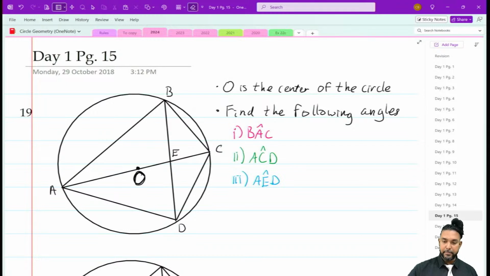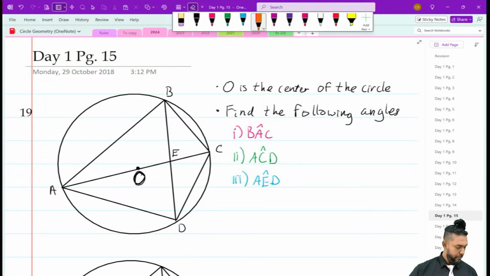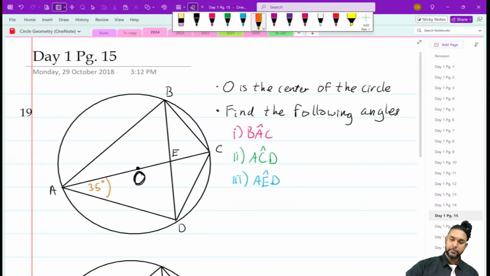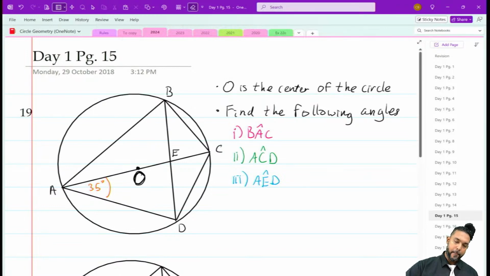Right, and we have a couple of marked angles as well. We have that this angle down here is 35 degrees, and this angle here is 65 degrees. Hold on.